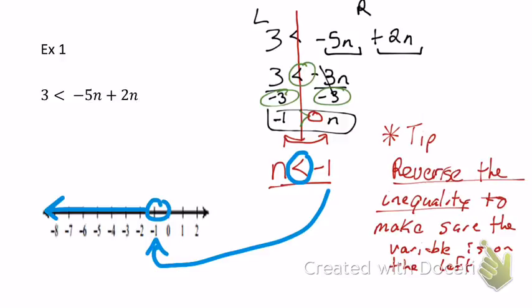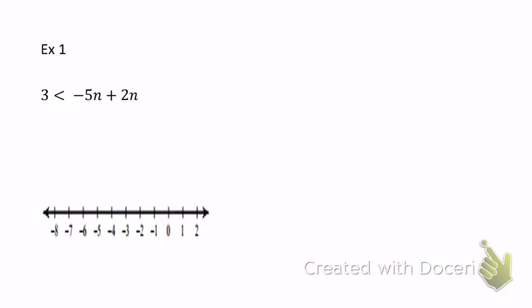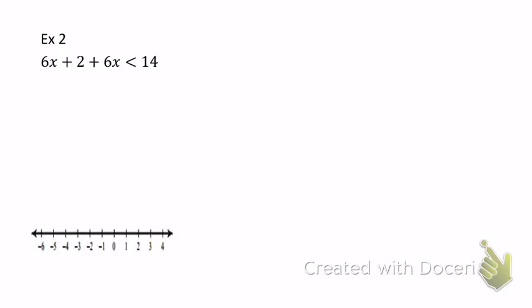If the variable is on the left, this arrow is the same as this arrow. If the variable is on the right, we would have to do the opposite. So that's why I strongly recommend this little tip here. Okay, on the next problem, we have 6x plus 2 plus 6x is less than 14.